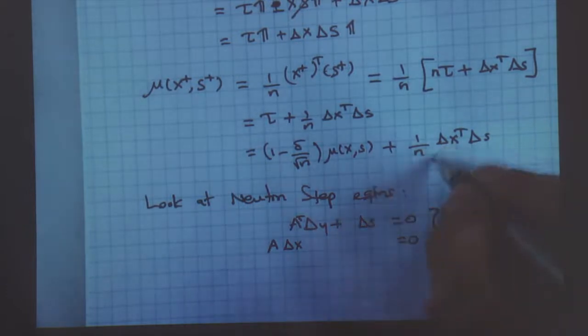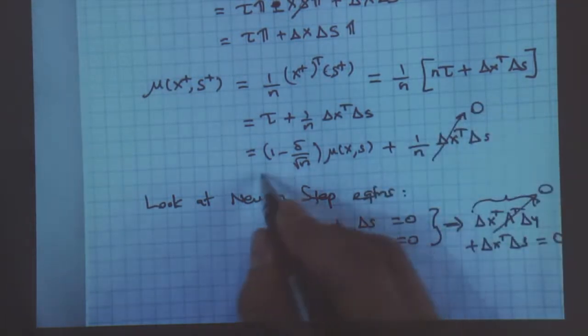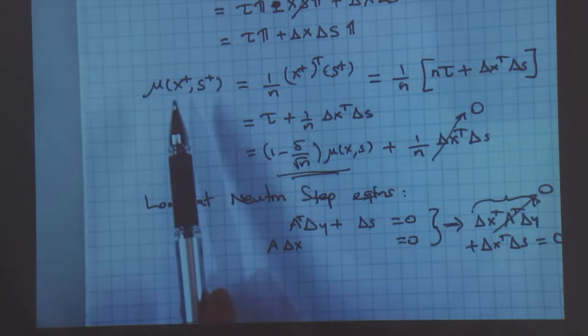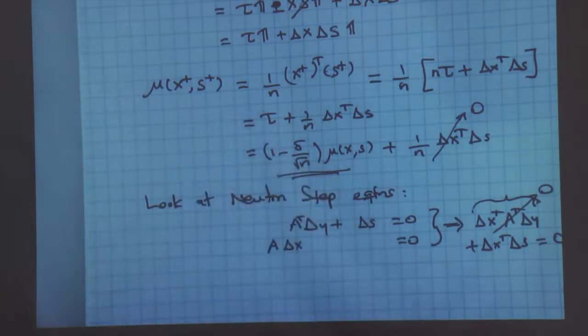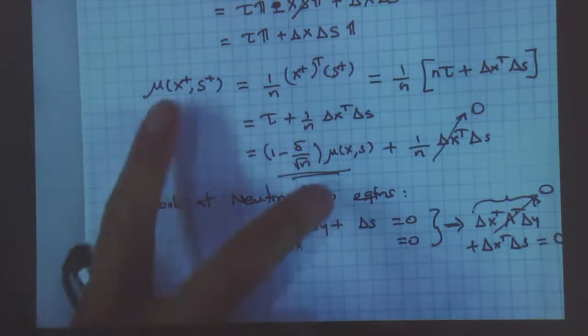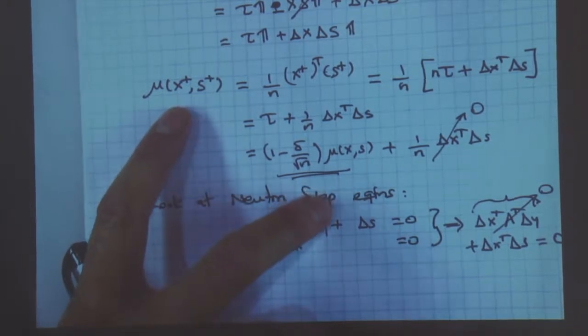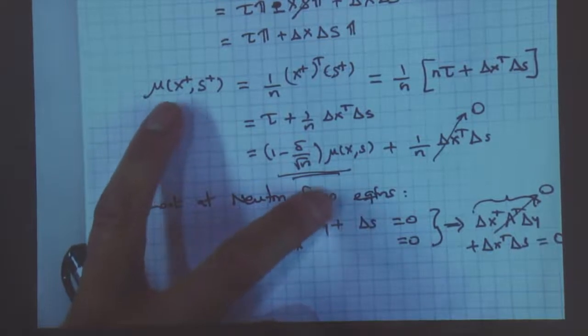So this guy is equal to 0. So this shows at least some part of the theorem, that mu decreases by this factor. I know there are many technical steps here, but this is the key, that mu decreases by this factor. Okay? So I want to show you one very powerful corollary of this.